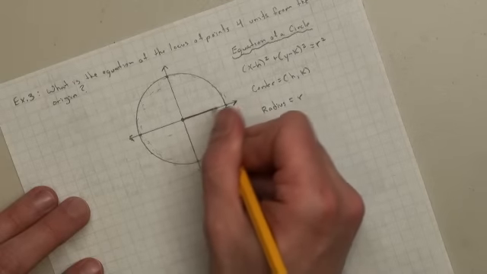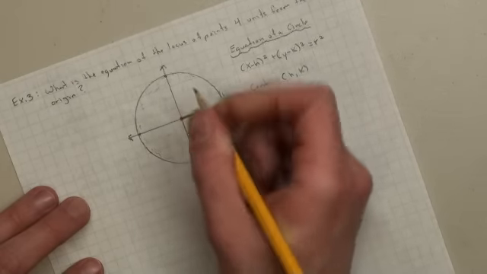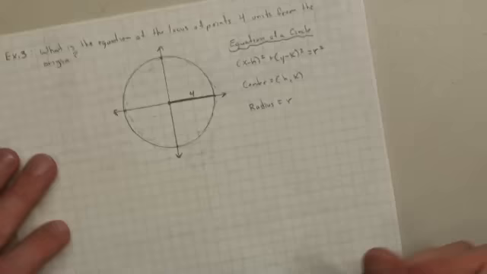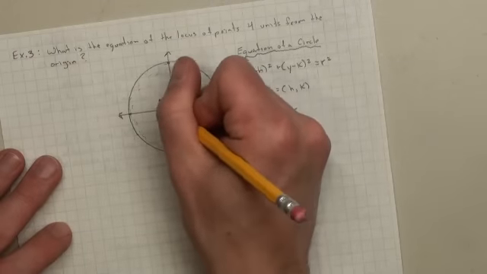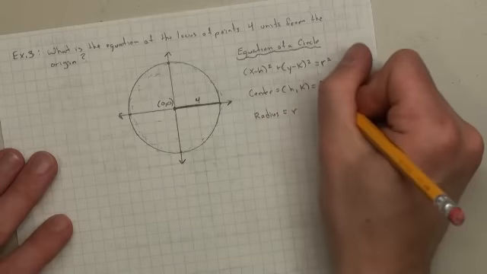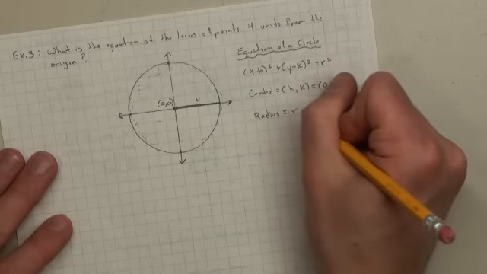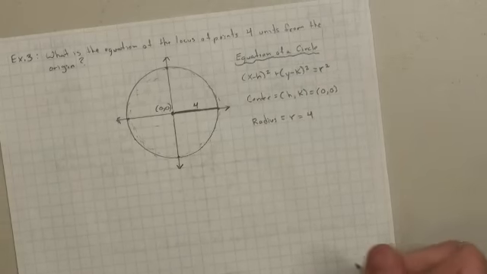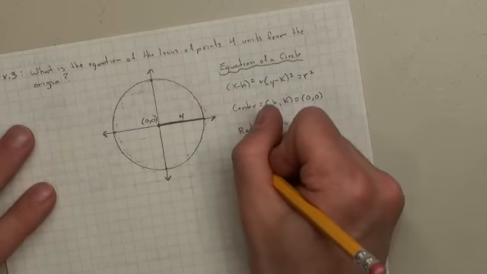So our radius in this circle is 4, and our center is (0, 0). So h, k in our problem is 0, 0, and our radius is 4.